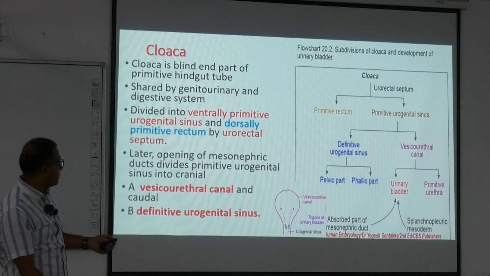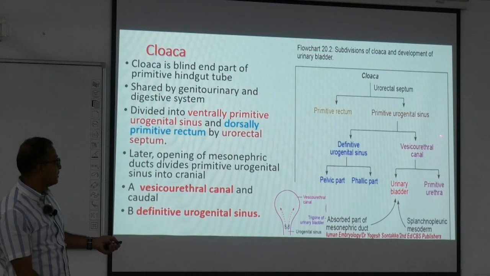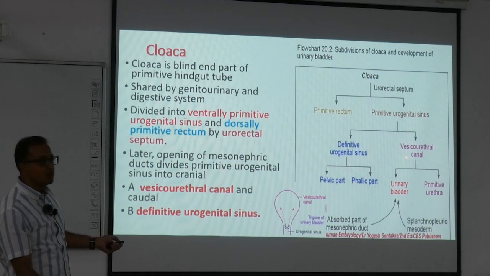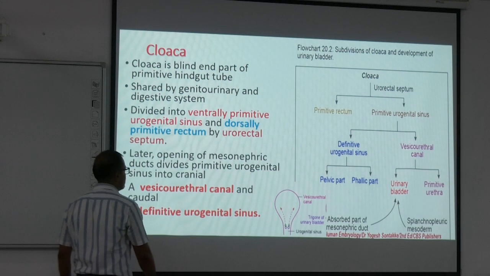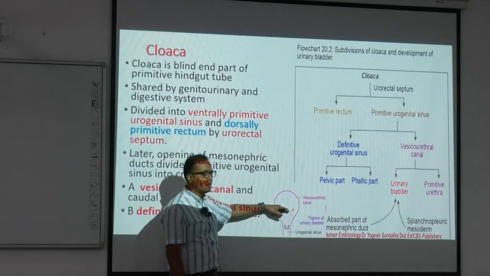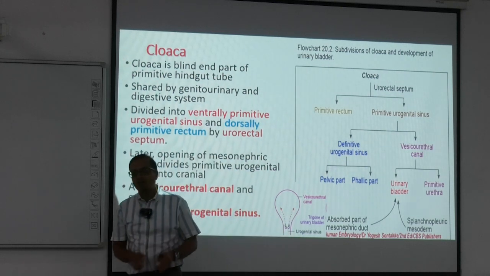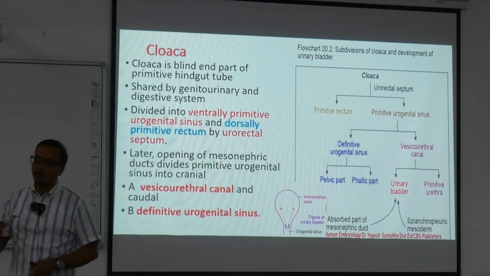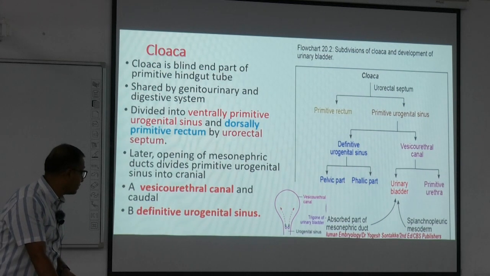And in the case of bladder development, the urogenital sinus has an upper part known as the vesicourethral canal. This dilated part of the vesicourethral canal forms the urinary bladder. And the trigone region is absorbed from the caudal end of the mesonephric duct on the right and left sides, which unite to form the trigone of the bladder.